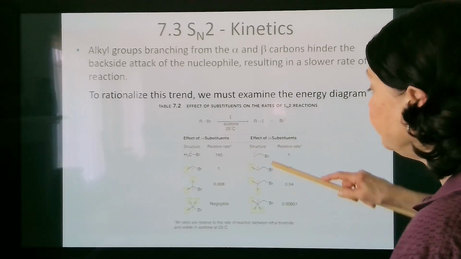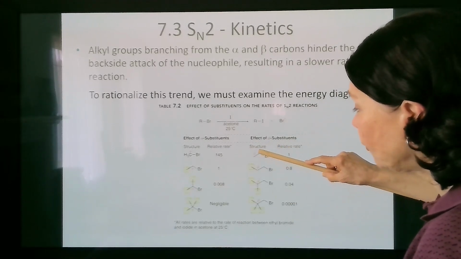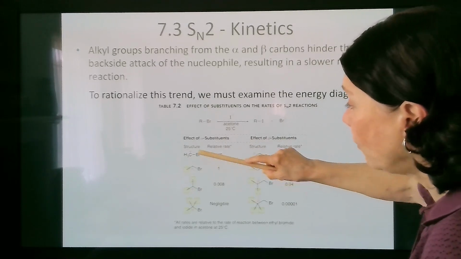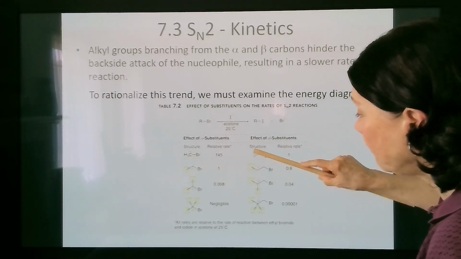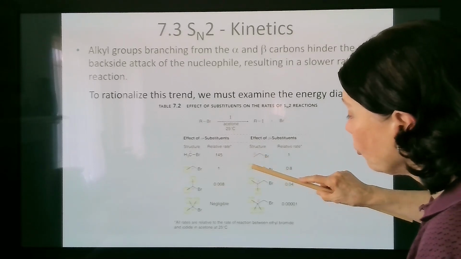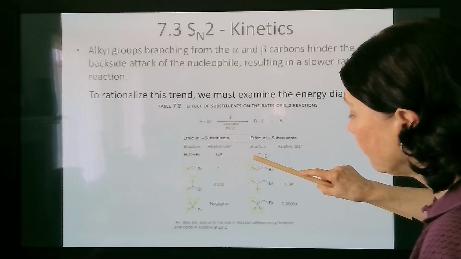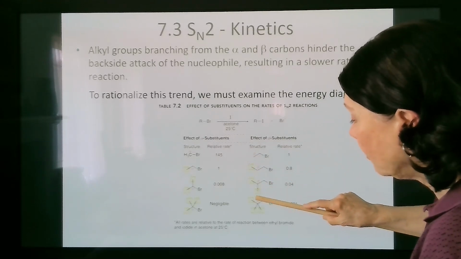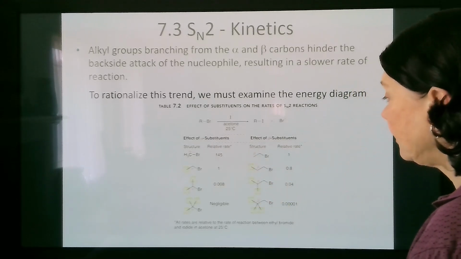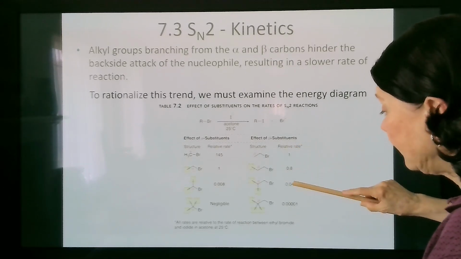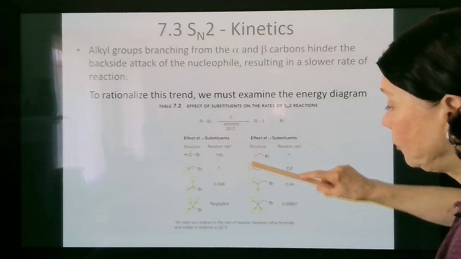And furthermore, if you move one carbon farther away, so over here we were talking about the alpha position, now we're talking about the beta position. If you increase the branching at the beta position, so here you have no methyls, a methyl, two methyls, and three methyls, you can see the relative rate, once again, decreases as you increase the substitution.